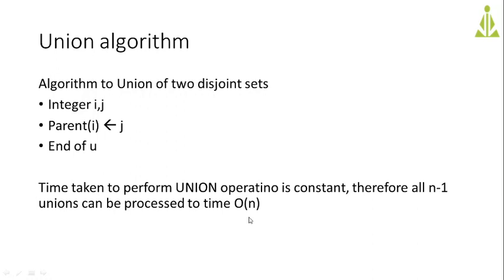Whenever we are writing an algorithm, or solving any problem in DAA, every time we need to check the time complexity. So what is the time complexity of the union algorithm? It is order of n. We have discussed big O, big omega, big theta, but we cannot define those here.